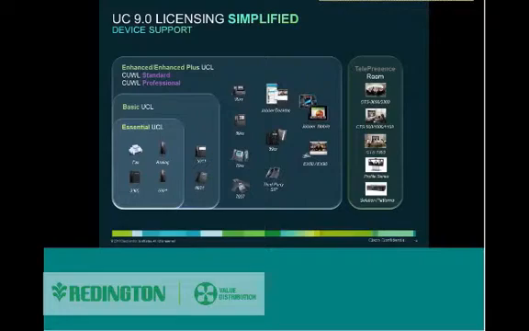When we size the BOM, the licensing is calculated based on the device model, so according to the device model we have to choose the appropriate UCL licenses. For the number of 6901 or 3905 phones, we have to choose one essential UCL license per device.